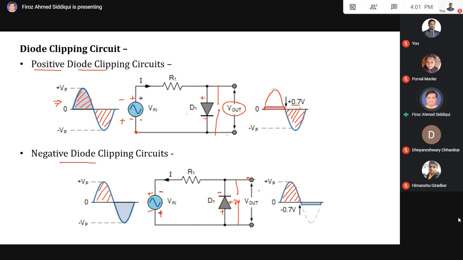Therefore the output V out will be this voltage only, that is 0.7 volt, and which is negative. So at the negative half cycle we will get this much only. That means almost entire negative half cycle is clipped by this circuit. So it is called the negative diode clipper.